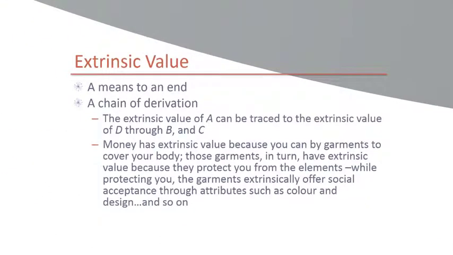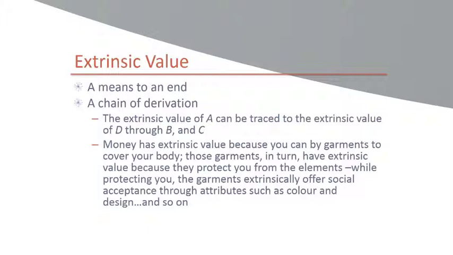So extrinsic value is a means to an end. The extrinsic value of A can be traced to the extrinsic value of D through B and C. Money has extrinsic value because you can buy garments to cover yourself.